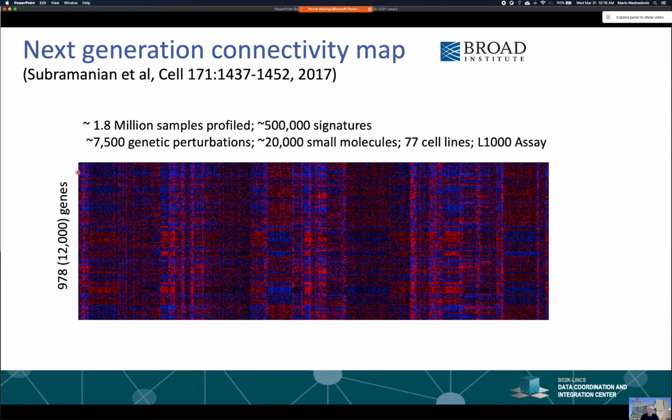Red means that the genes in this particular column have been upregulated by a specific perturbation, and blue means that it was downregulated, black is neutral. Not much has happened.